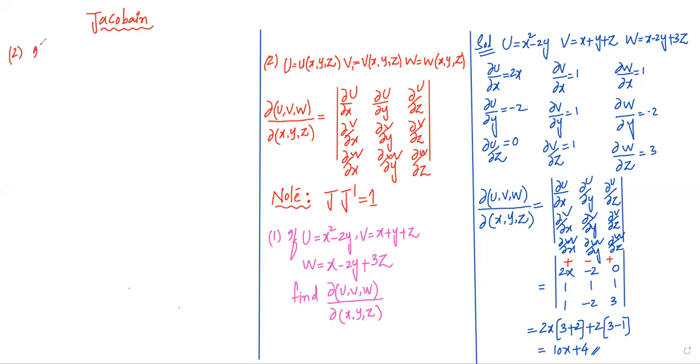If x is equal to u into 1 minus v, y is equal to uv, we have to prove the first property of the Jacobian, that is J into J dash value is equal to 1.